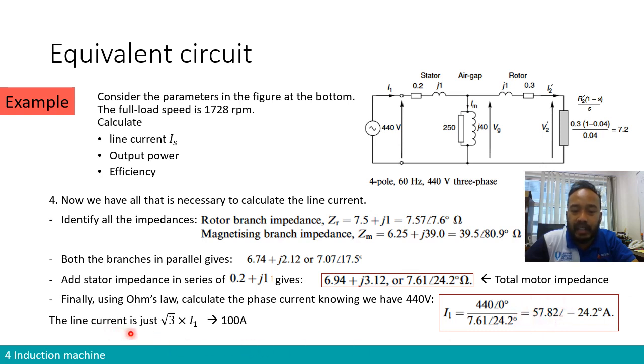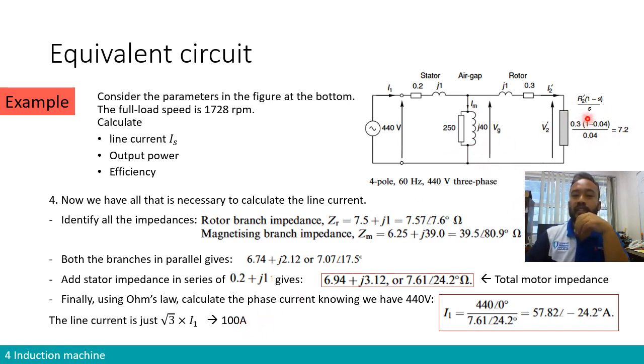Therefore, the line current is square root of 3 multiplied by I1. Square root of 3 multiplied by 57.7, you get 100 amps. So the line current pulled by the motor as it operates this load is 100 amps.